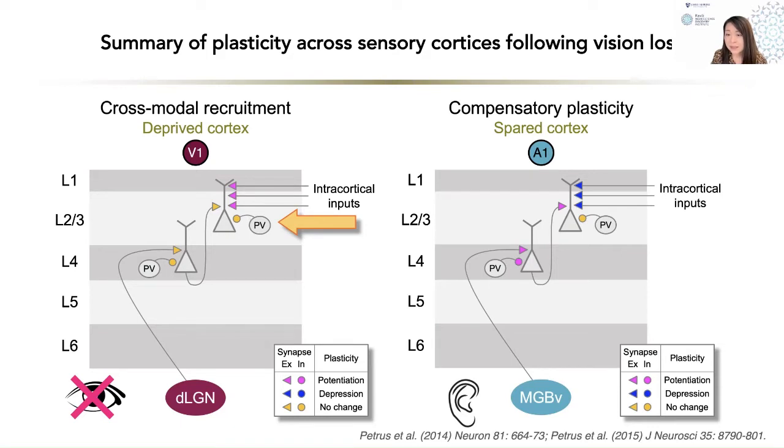On the other hand, in the spared cortex, the auditory cortex, we see the opposite. We actually see potentiation of the feed-forward circuit at the cost of intracortical synapses, because they're getting depressed. So this means the cortex has two different modes of processing, at least from what we can tell.